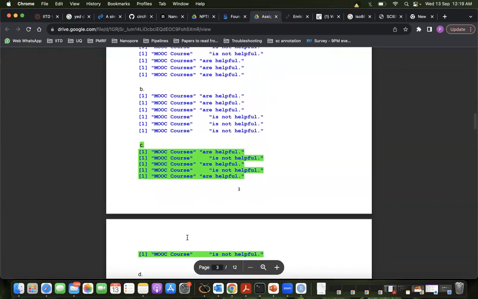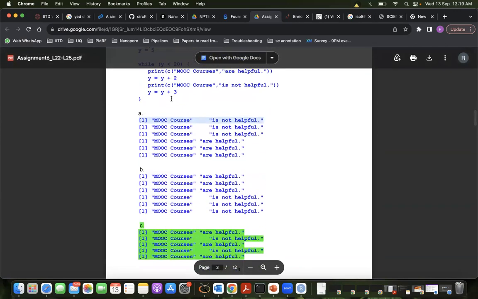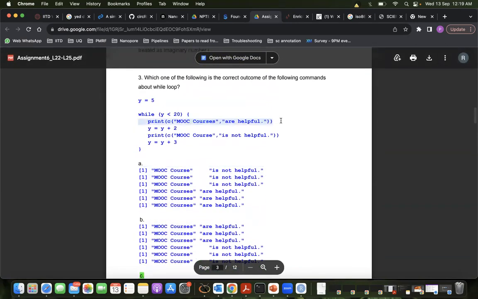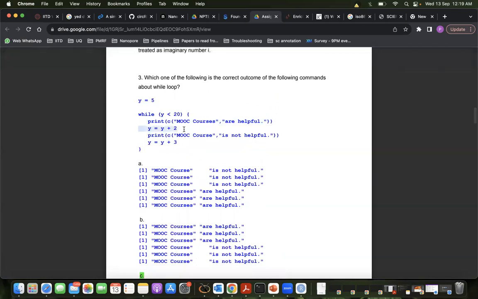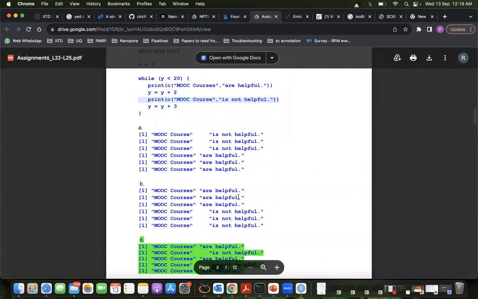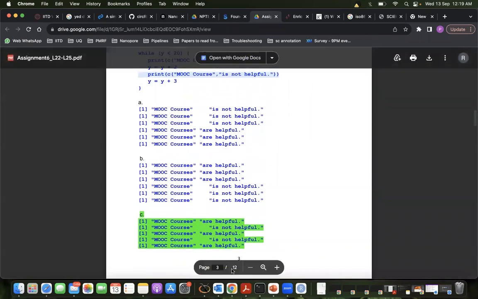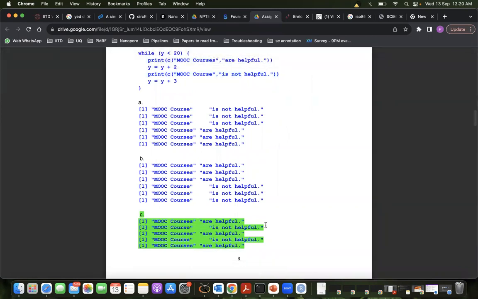D is also not going to be the answer, because the first thing that's going to be printed is actually this. Then you do y is equal to y plus 2. You're incrementing y. It was 5, now you've made it 7. Then you print this, the alternate thing. As it is, you can see that this is the only right answer.